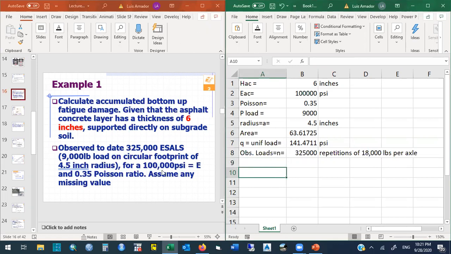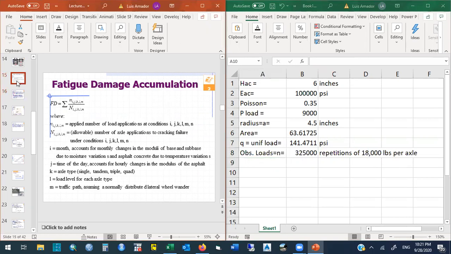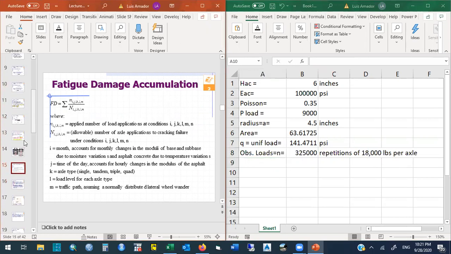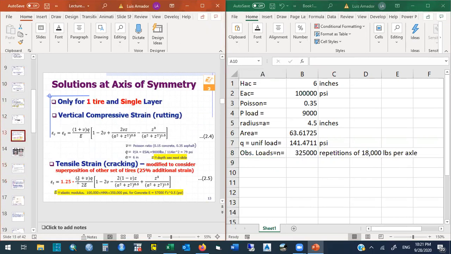Okay, I think that's all the information I have. So now I want to estimate what my tensile strain is.